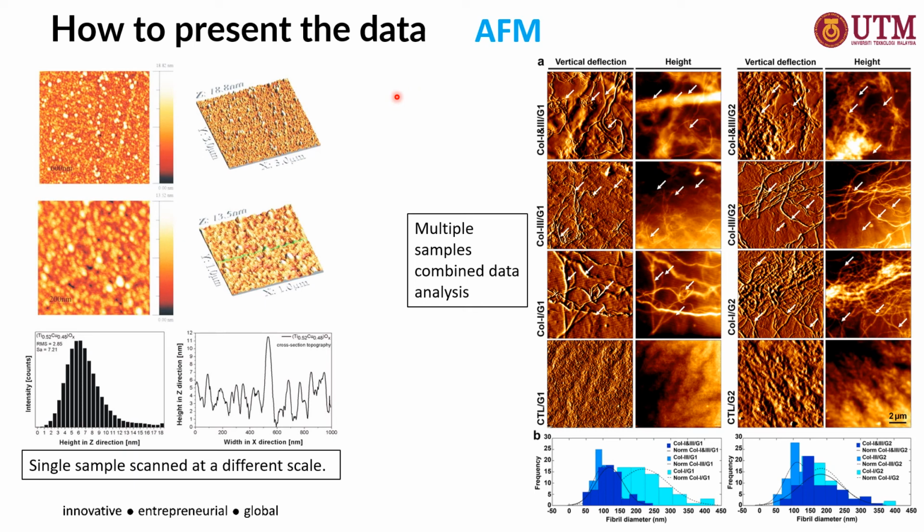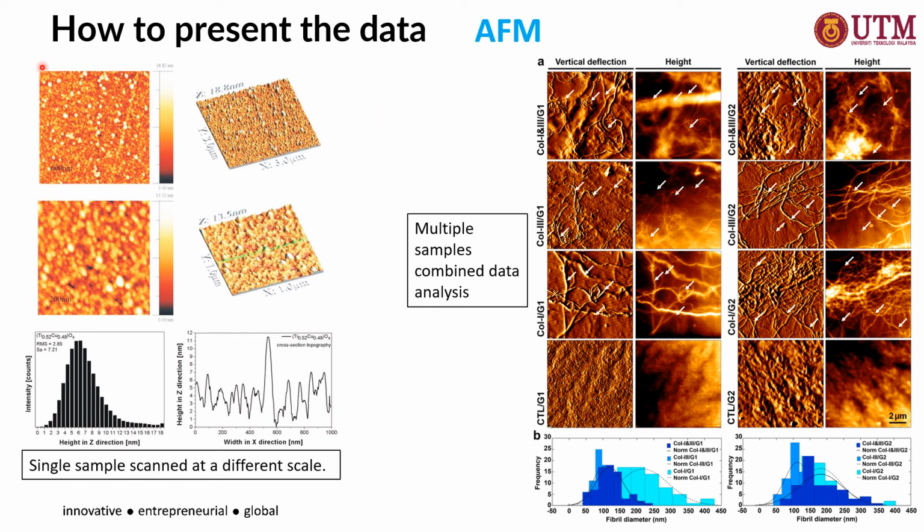It cannot be, I think, more than 5 micron. If the surface roughness is more than 5 micron, we actually cannot identify it using the AFM, because the tip has a limited depth and scanning range. So you need to have a specific sample.